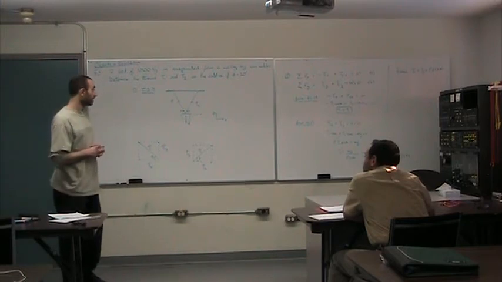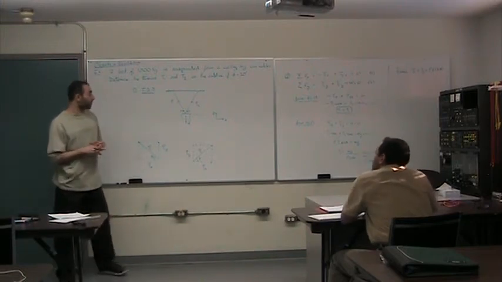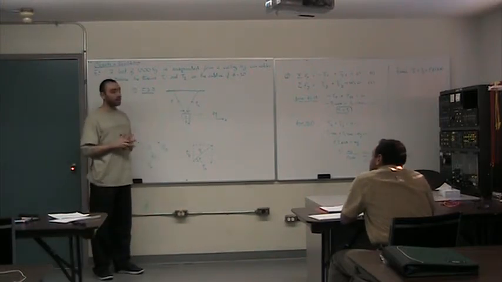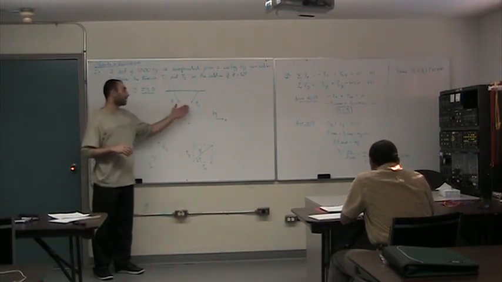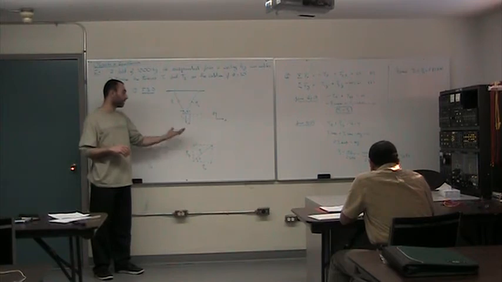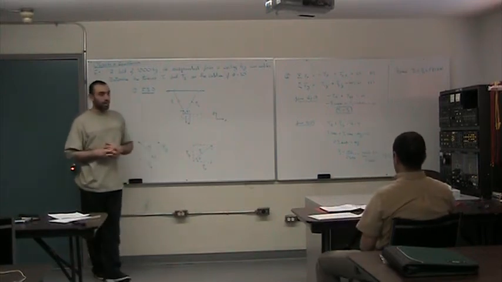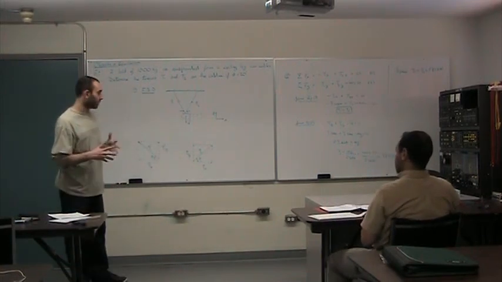That's it? Yes, definitely. So we have 2 cables that are holding a load. So we have tensions in those 2 cables, and we have the load that's being pulled downward by gravity due to its weight.